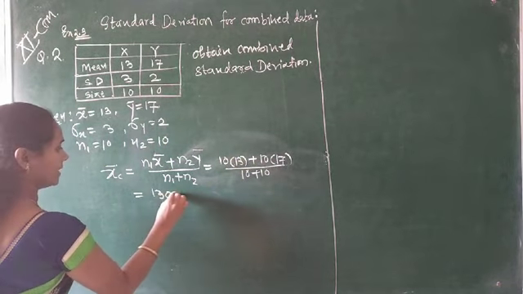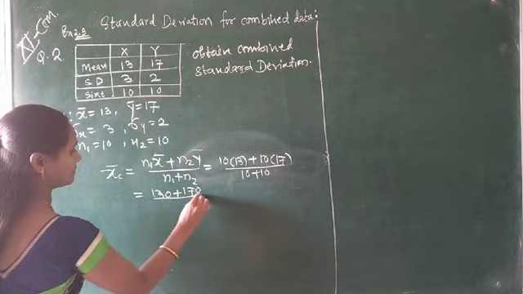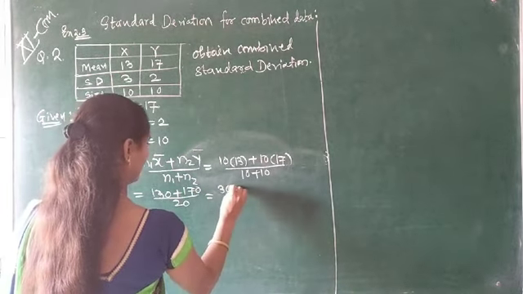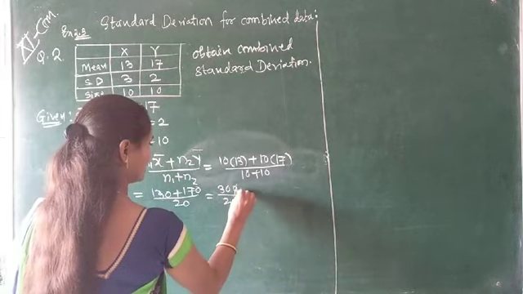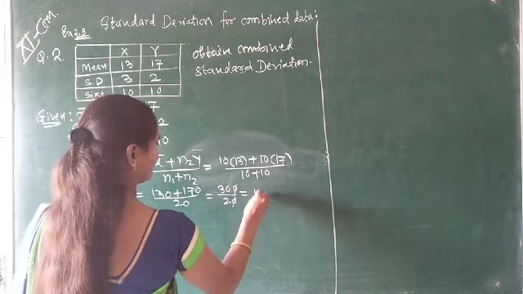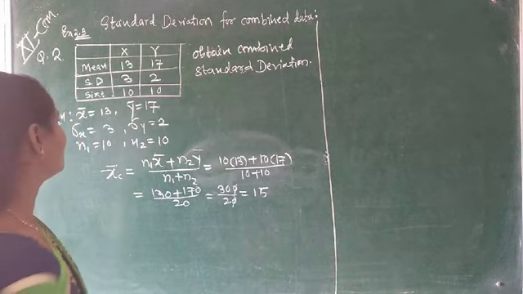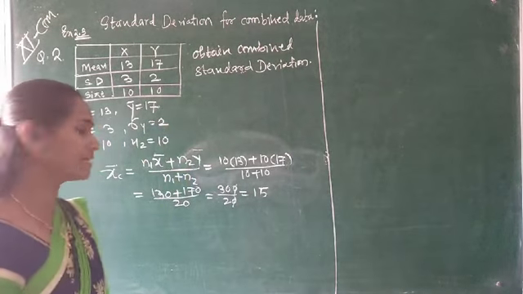That is 130 plus 170, over 10 plus 10, which is 20, so this is 300 divided by 20, which is 15. So we get the combined mean of our sets of observations x and y as 15.